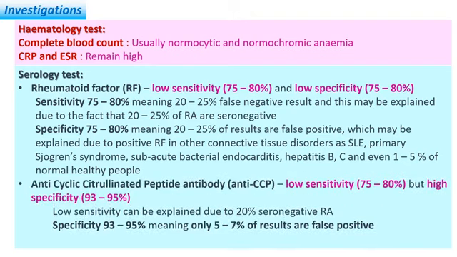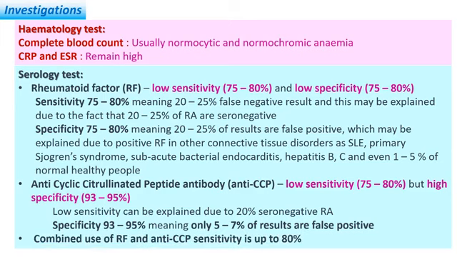Now let us discuss the anti-cyclic citrullinated peptide antibody, that is anti-CCP. It has low sensitivity but high specificity. Low sensitivity can be explained due to 20% of the seronegative RA, specificity 93 to 95%, meaning only 5 to 7% of the results are false positive.